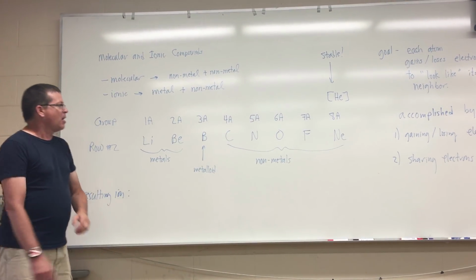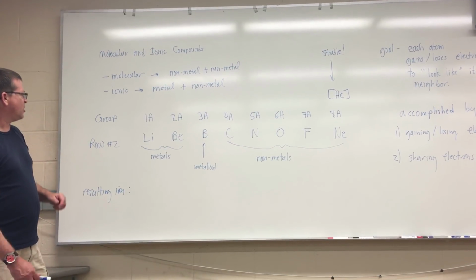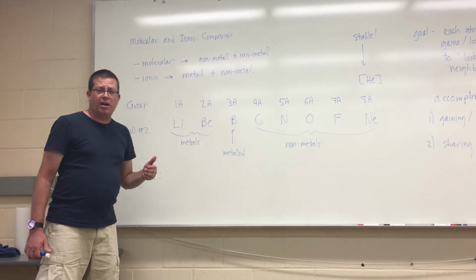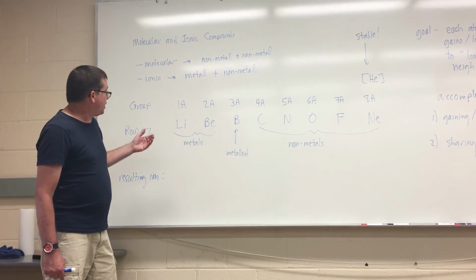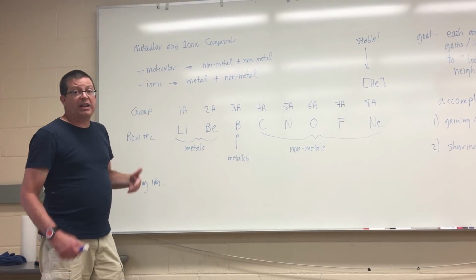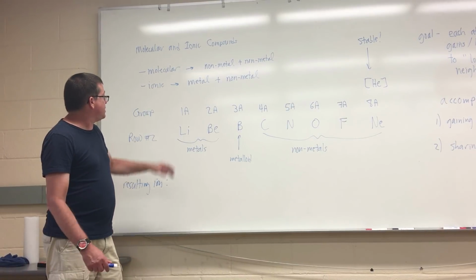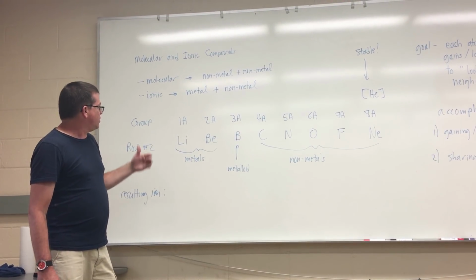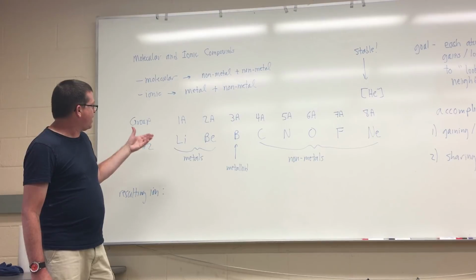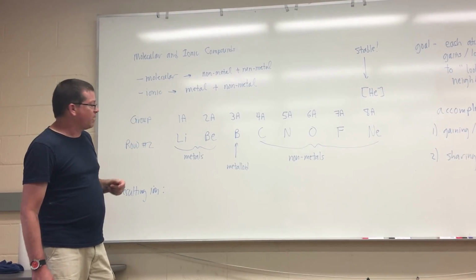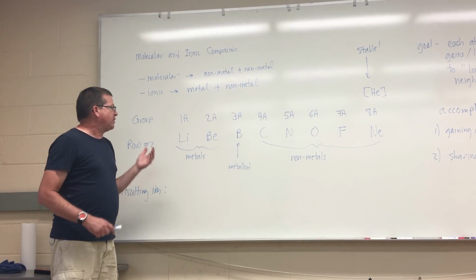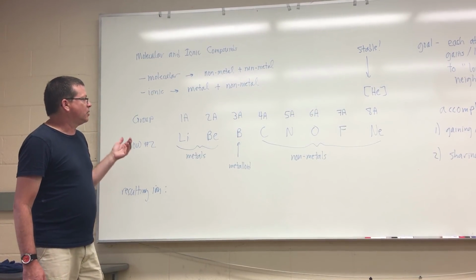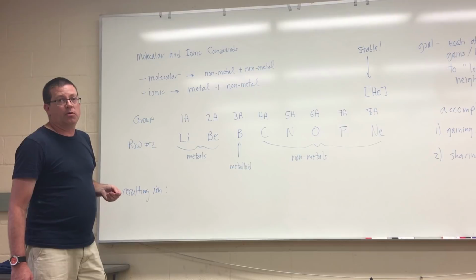All right, so if I take a look at this, the number of electrons that we've got in each one of these particular elements, as far as the ones that we can either gain or lose, are going to be dictated by the group number. So lithium, of course, will actually have an electron that we can either gain or lose to work with. All right, so what I'd like lithium to do to form an ion is to look like its next nearest noble gas.